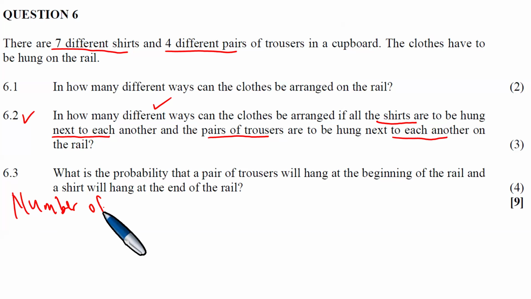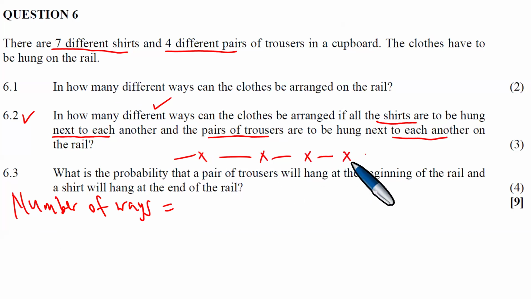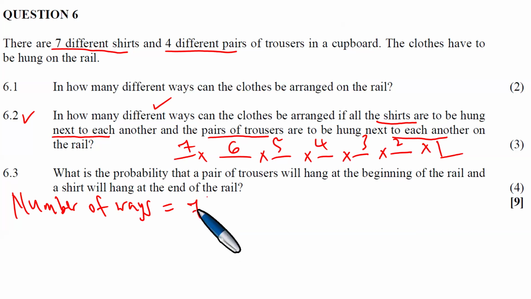The 7 different shirts: because there are 7 and they are different, you're going to have 7, 6, 5, 4, 3, 2, 1. You can't repeat the shirts, because each one is different. So you're going to have 7 factorial.